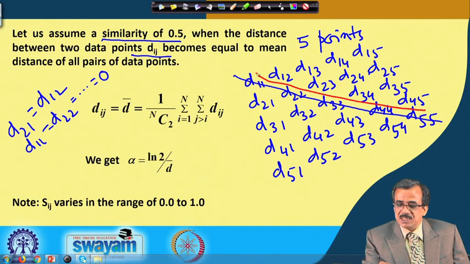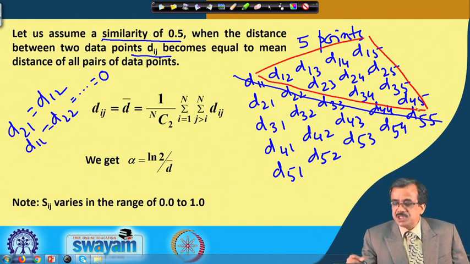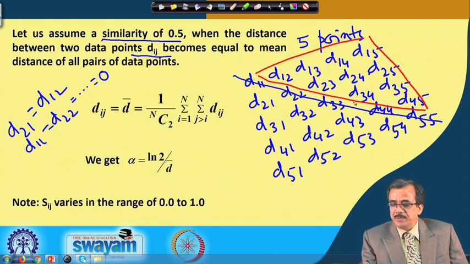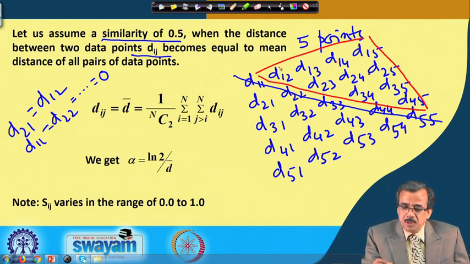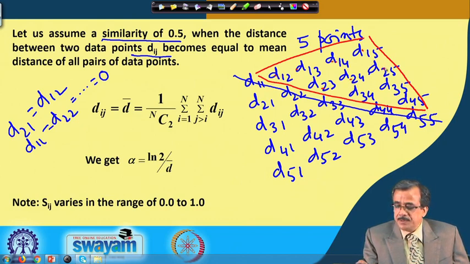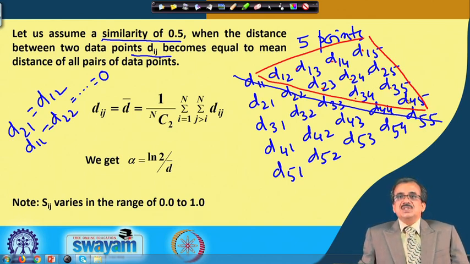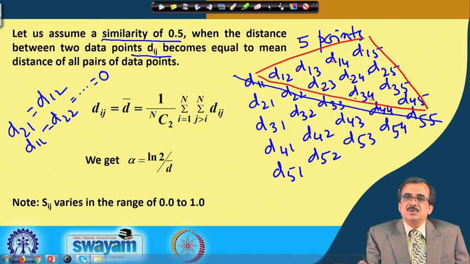For example, d 12, 13, 14, 15, d 23, 24, 25, 34, 35 and d 45. Here we consider 1, 2, 3, 4, 5, 6, 7, 8, 9, 10, so we consider the 10 distance values.